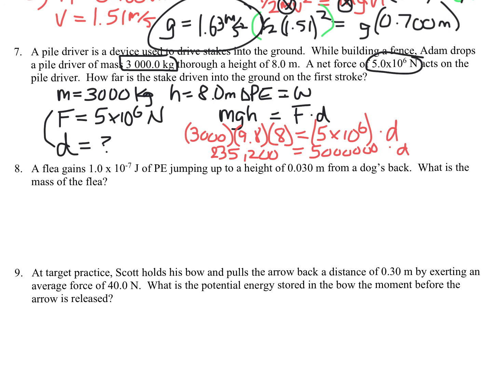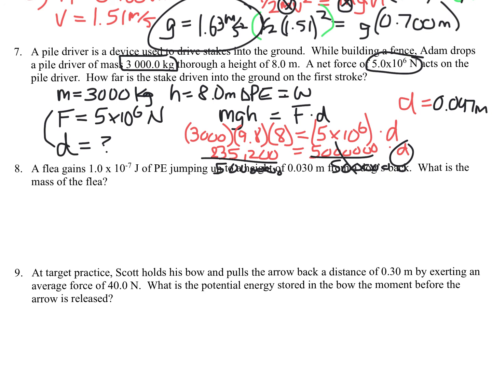And I'm going to end up getting D is equal to, oh, by the way, if you heard but you didn't see, I just divided both sides by 5 times 10 to the 6th. Okay, that's why D is left by itself. But D is equal to 0.047 meters, which is about 4.7 centimeters.